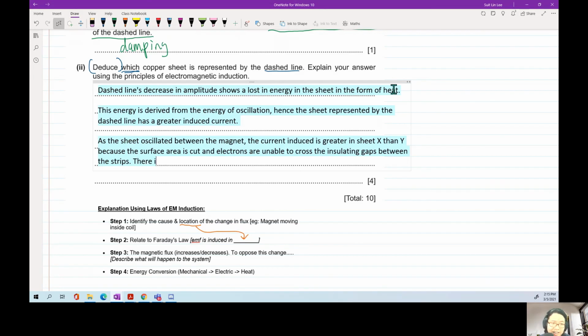There is a smaller eddy current. Hence, sheet X, deduced, is represented by the dashed line.